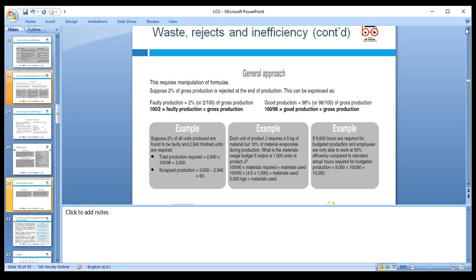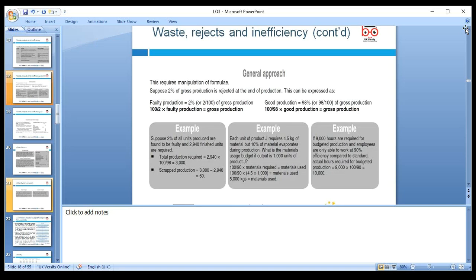Like in the general approach, 2% of gross production is rejected. So whatever you're producing, that's your 98%, and you need to make it 100%. So you need to divide by the percentage. The total production required is 2940, with 2% rejected.